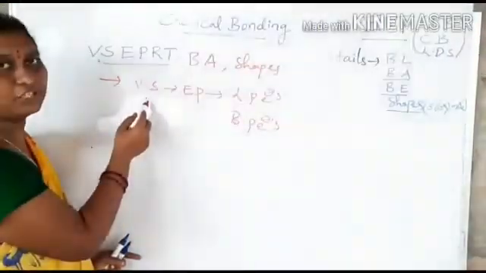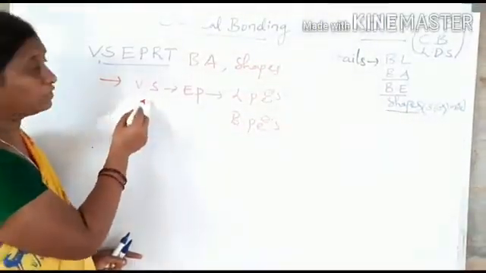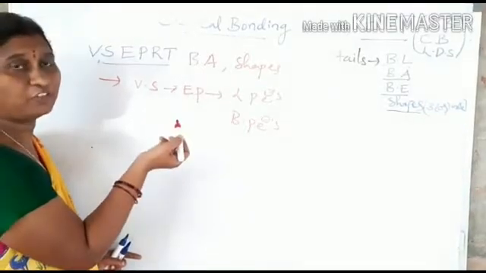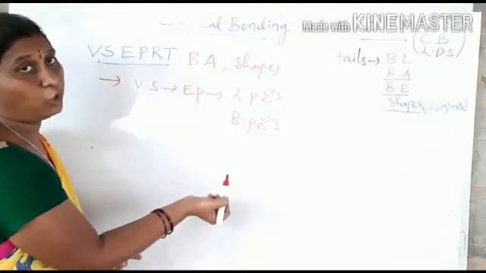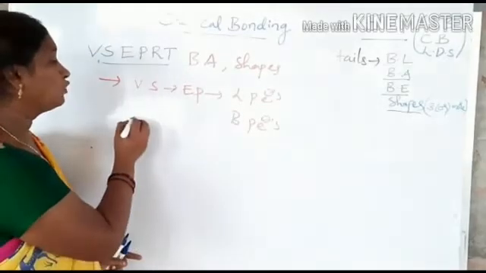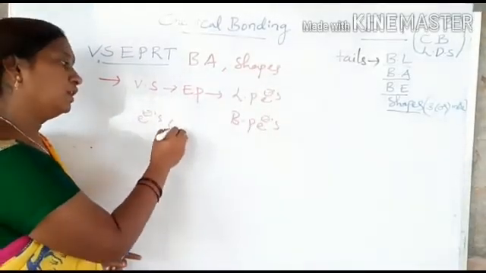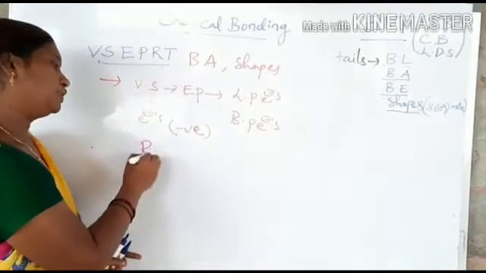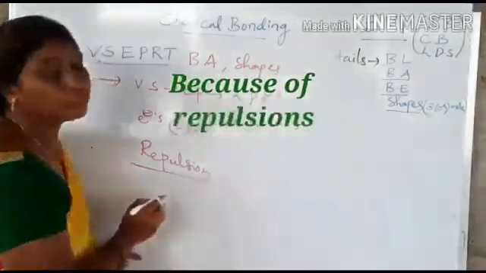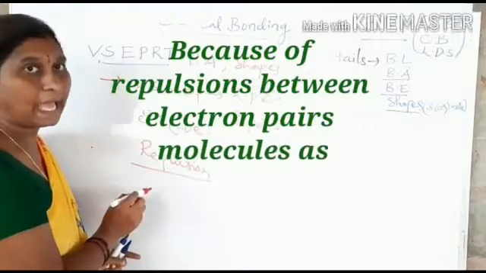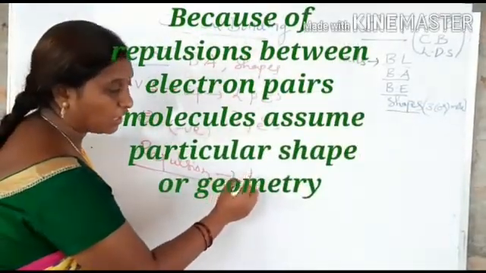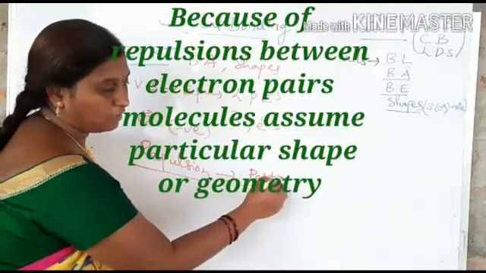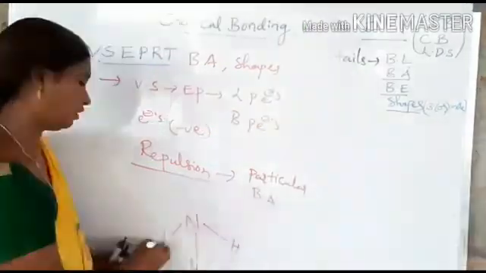So what are the postulates of this theory? According to valence shell electron pair repulsion theory, in the valence shell of any atom which forms covalent bonds, electron pairs are of two types, lone pairs and bond pair electrons. As electrons have negative charge, they undergo repulsion. And because of these repulsions between the covalent bonds and the lone pairs, they assume a particular shape or geometry with a bond angle.